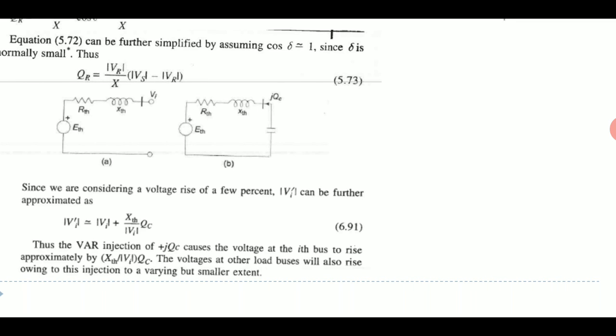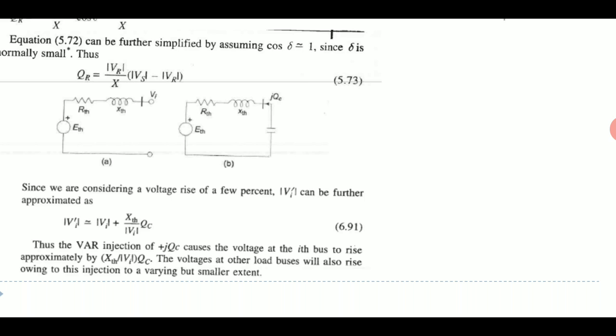Since Vs and Vr are dependent on the value of QR, that is the total reactive power flow in the bus, we can take the Vr on the left hand side. Since we are considering a voltage rise of a few percent, the modulus of Vi dash can be further approximated as Vi dash equals Vi plus XTH by Vi into QC.